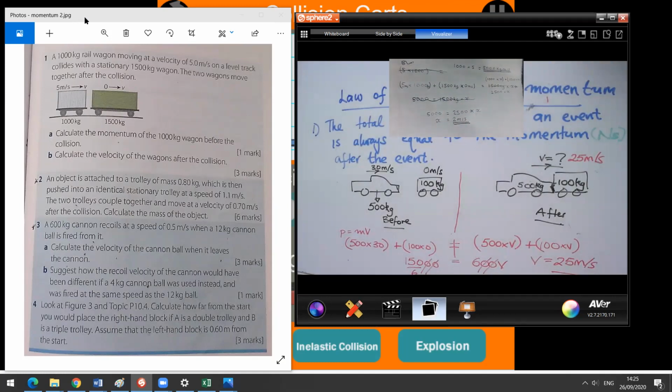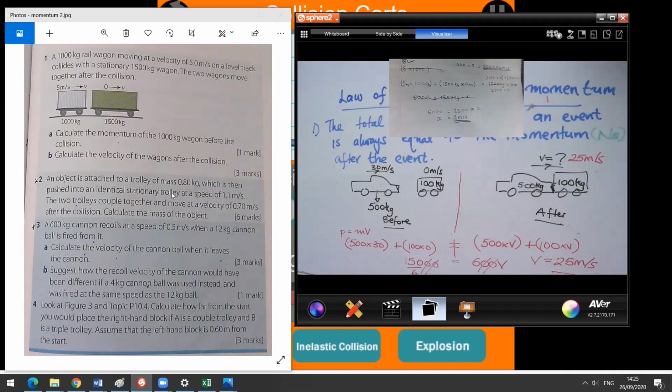Good. Normally what I advise as well, it's okay to draw a little sketch. Sometimes it just helps visualize. Anytime you've got a momentum problem, just to see that you've taken into account everything that's presented. Good stuff.